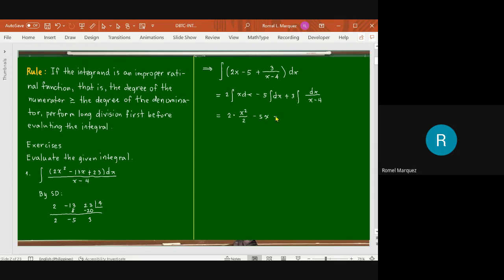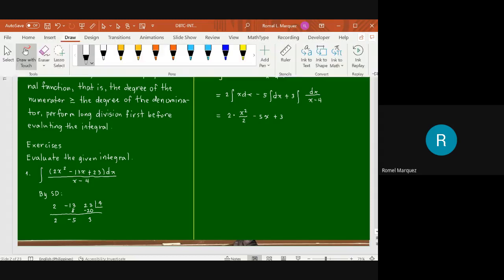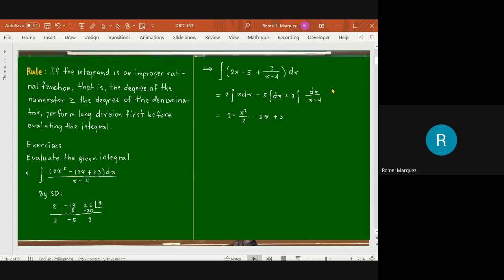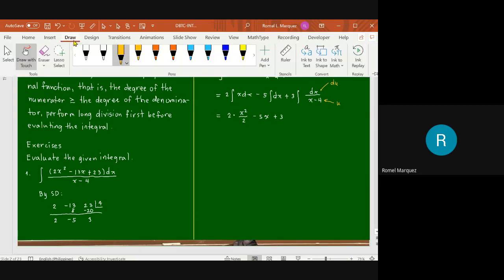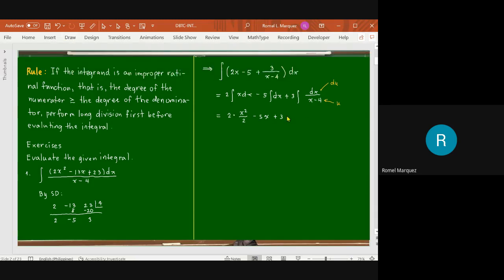Then plus 3 times: the numerator is du of the denominator. If you take the denominator as u, the numerator is its du, which you can see by inspection. So we have du over u, and the integral is ln of the absolute value of x minus 4 plus c.